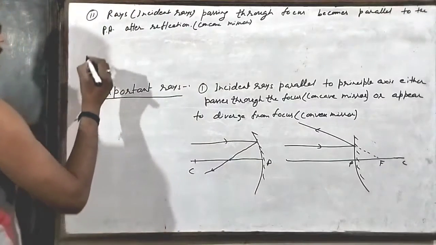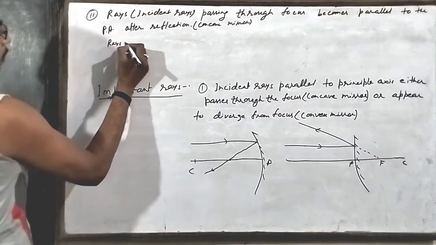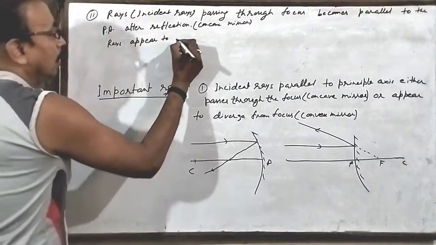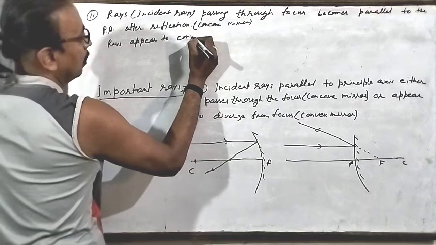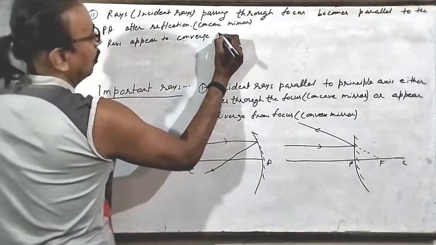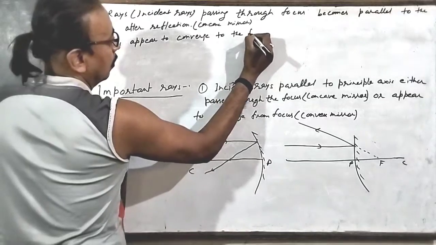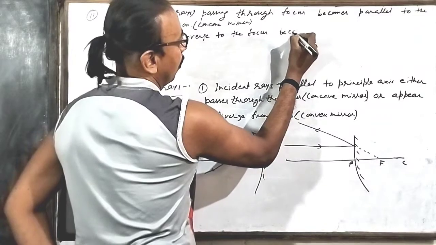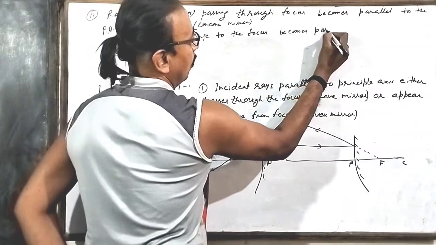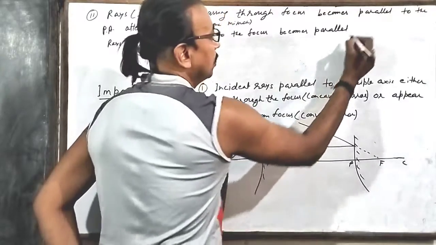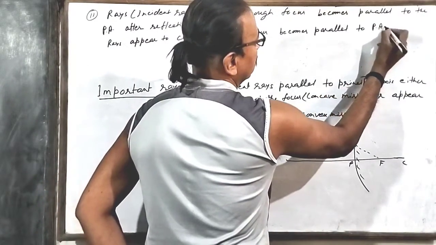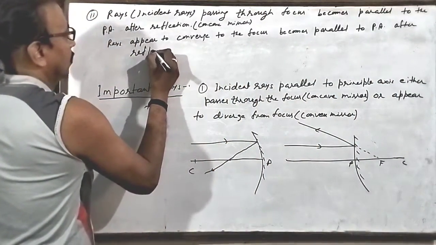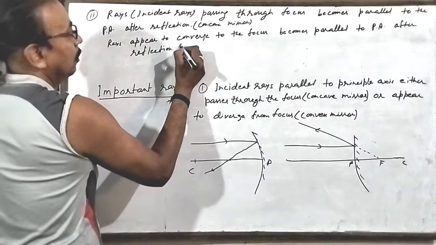For a convex mirror we can write rays that appear to converge to the focus become parallel to the principal axis after reflection. This is what happens in the case of a convex mirror.